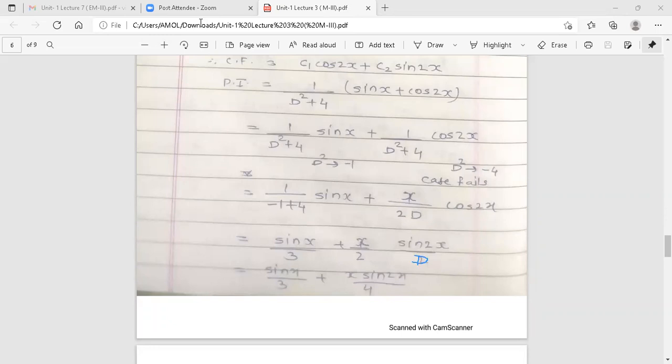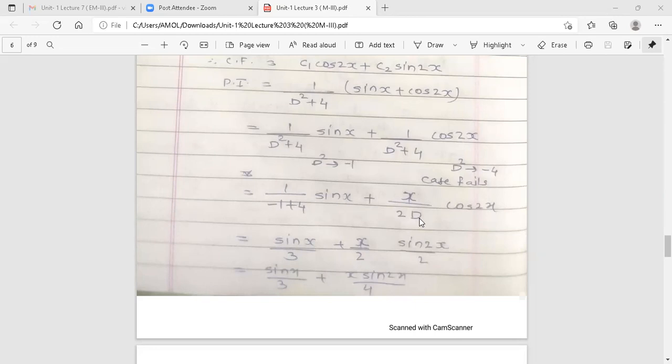So the calculator term is here sine 2x by 2. This is correct. See, x by 2, this x by 2 as it is, and cos 2x by d.